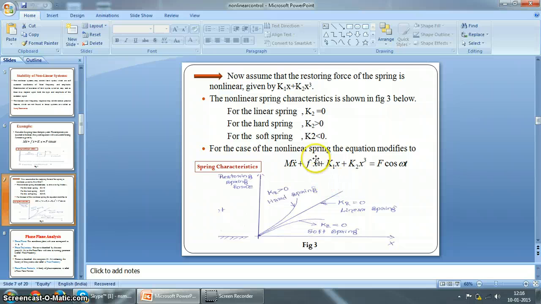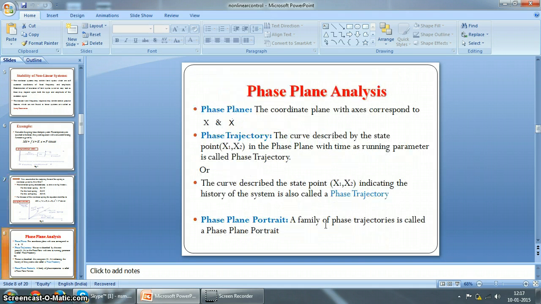Suppose if it is a hard spring, then k2 is greater than 0, and the characteristics of force versus amplitude become like this. As the amplitude increases, force increases. Similarly, if it is a soft spring, then the characteristics will be like this. So these are the nonlinearities exhibited by the system. So this type of system is called a nonlinear system.